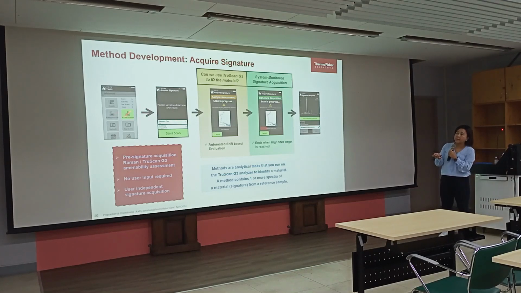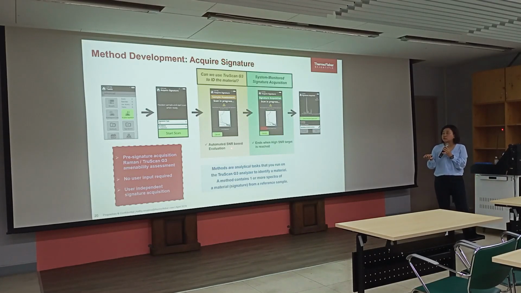So first you have to get your reference spectra. Then in the home page, you click on acquire signature. Then you acquire the signature. The instrument will automatically scan your samples and get the spectra. Because we only need to get one spectra for the identifications, we set a higher SNR for the system to get a very good quality spectra. So what is the SNR?